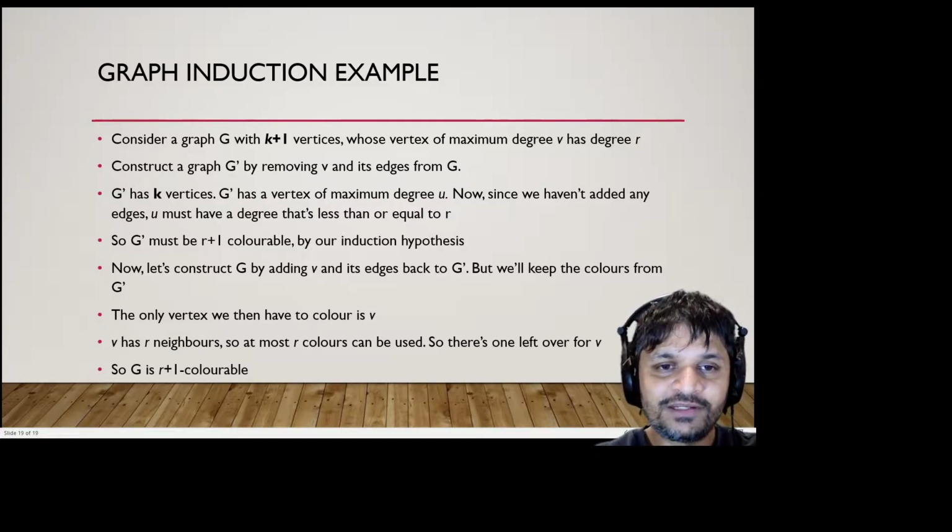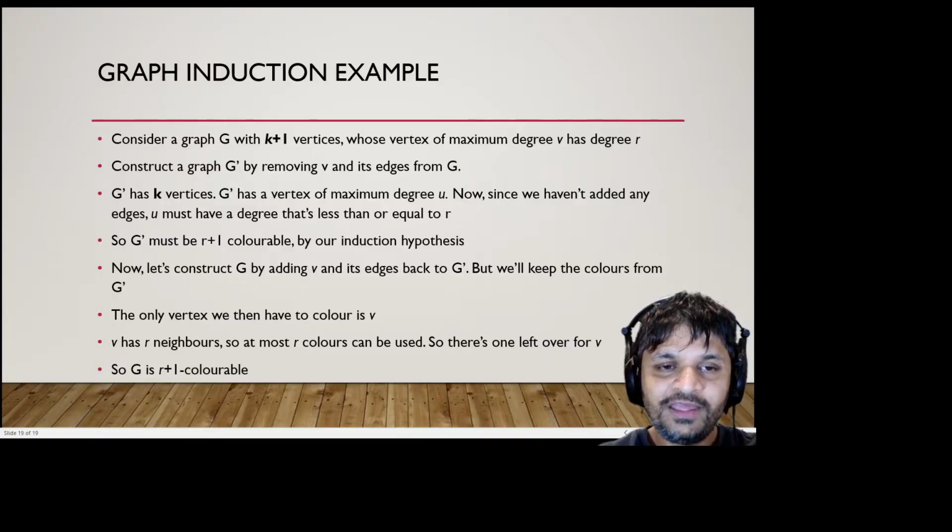So then the only vertex that won't have a color is vertex V, because it's the only vertex that we added into G prime. Okay, so now we have to see what we can do about V's color. Now we know V has degree R, right? Meaning it has R neighbors. Now remember with graph coloring, we can't use the same color that a neighbor used.